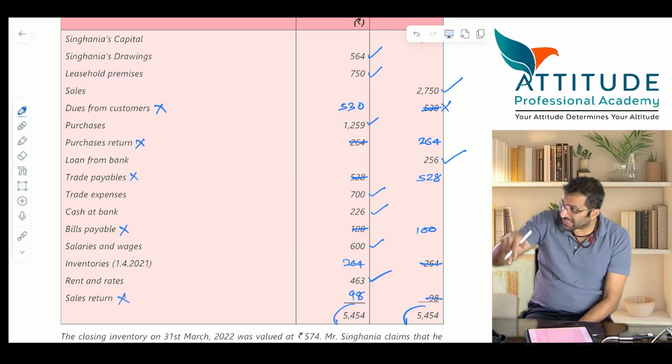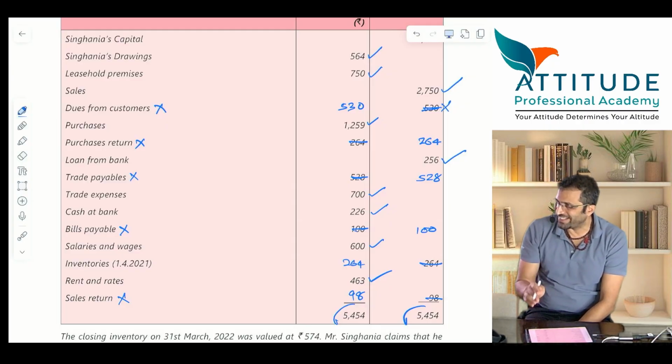So you have to prepare the corrected trial balance. I'm just putting here, but you understood or no?